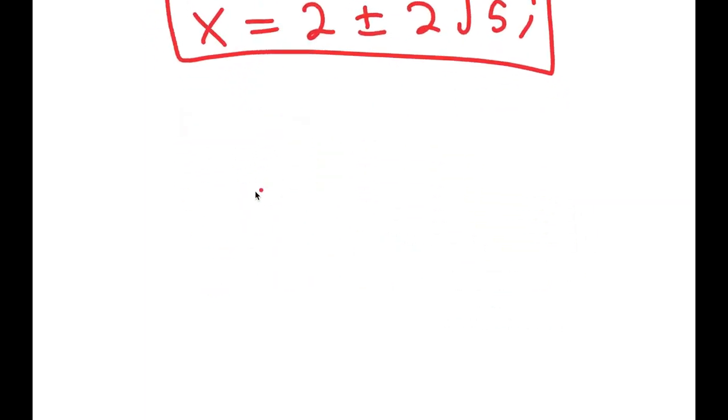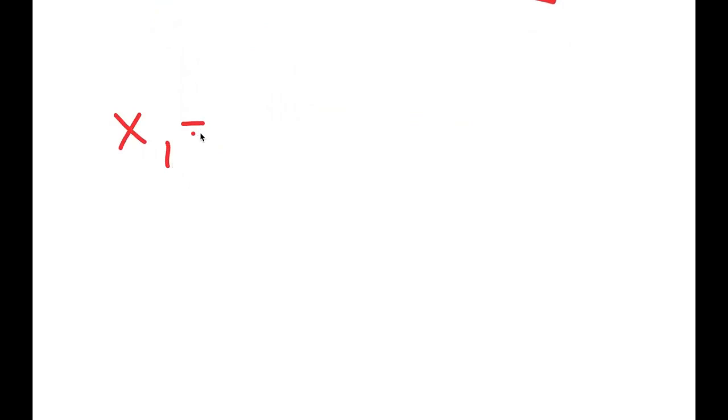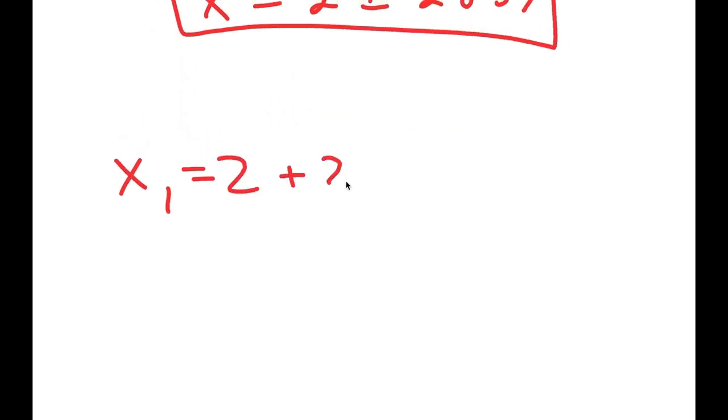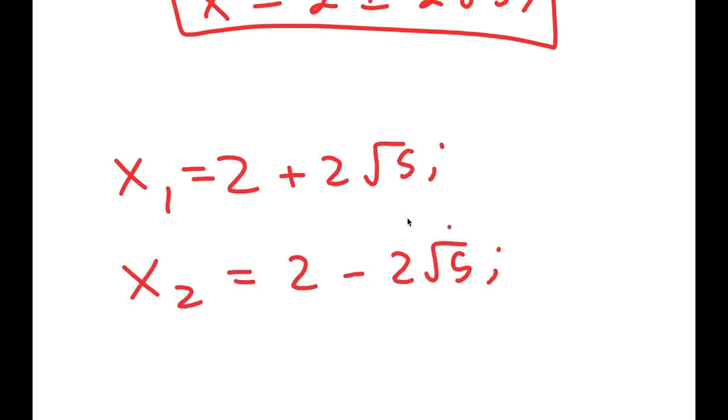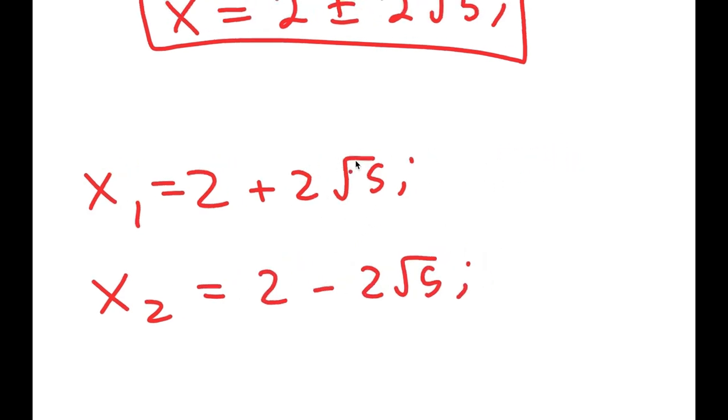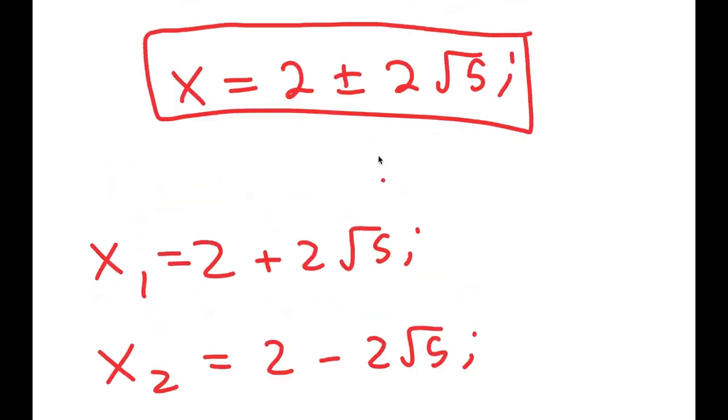So this means that I have two solutions of x. I have x is equal to 2 plus 2 root 5 i, and x is equal to 2 minus 2 root 5 i. And for each of these solutions of x, I need a solution of y, because remember, we're not just solving for x, we're solving for these solutions of x and y.